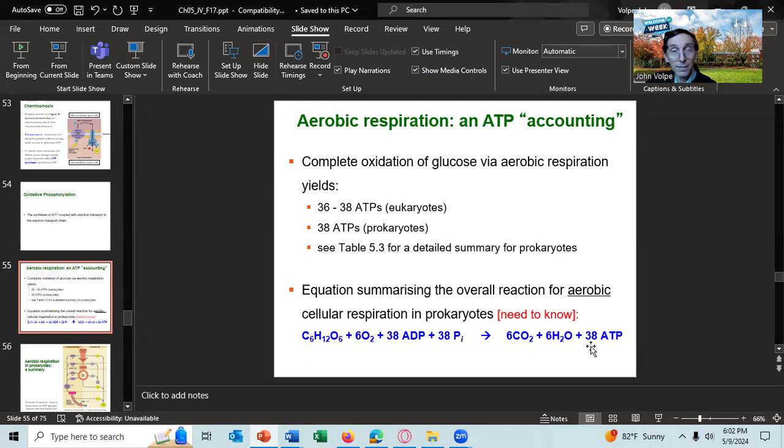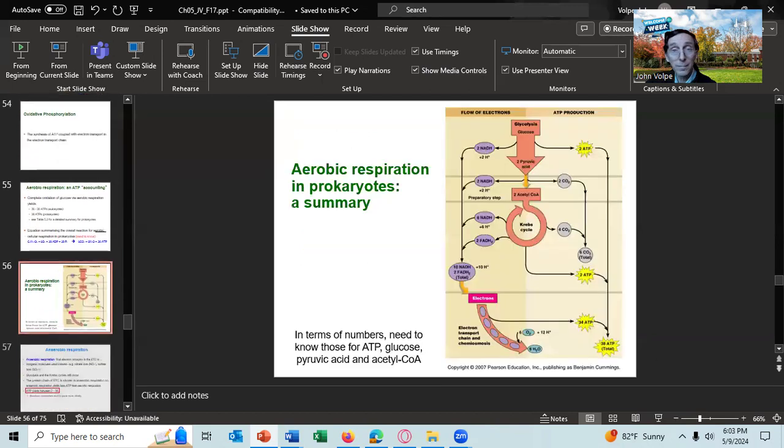Any question about any of that? And all of these oxygens are converted into water. And then all of the carbon in glucose is converted into CO2. Now, this is telling you the numbers you need to know.